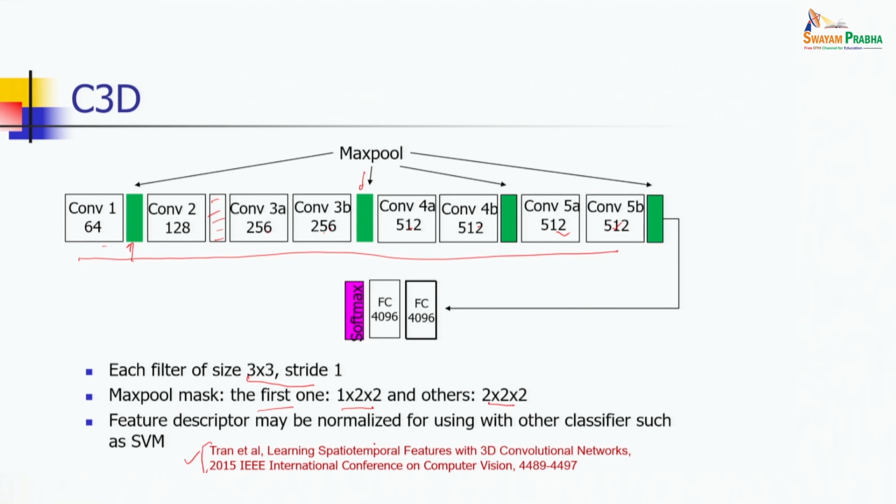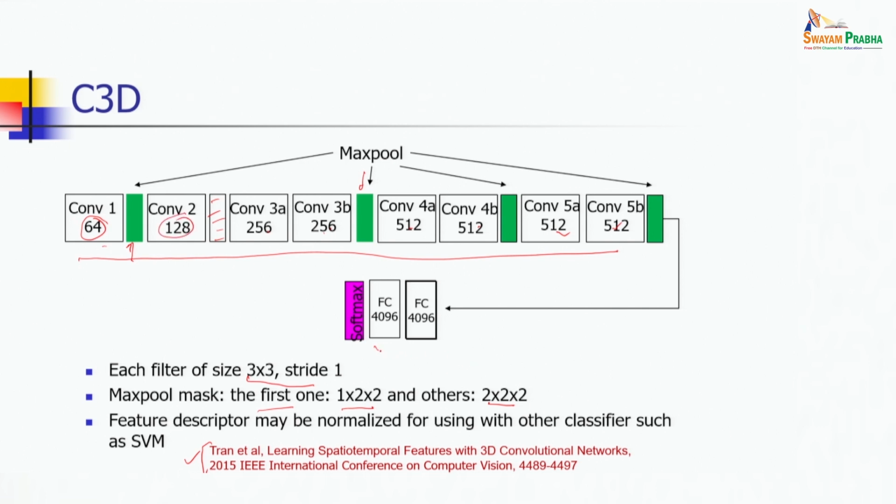The filter also takes a certain depth, so depth is implied in this case, and you get the output as a three-dimensional output. This is the number of channels: 64 is the number of channels, 128 is the number of channels.